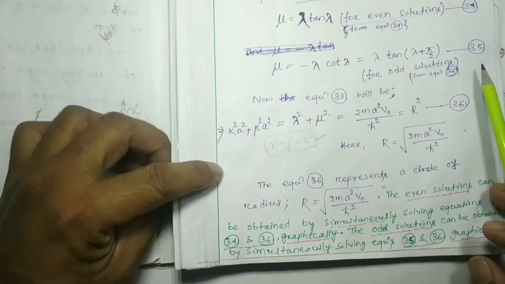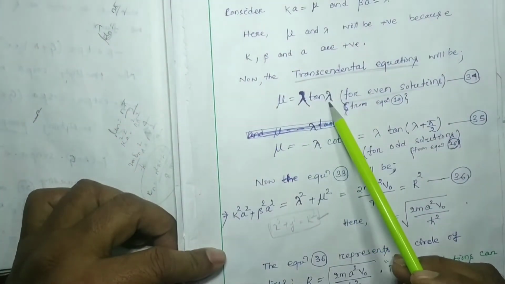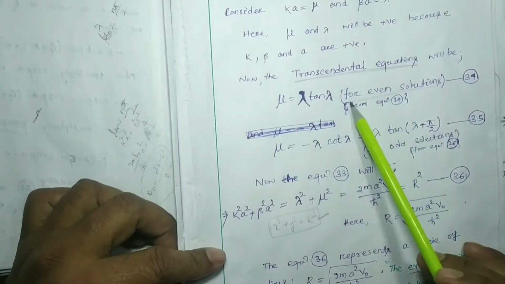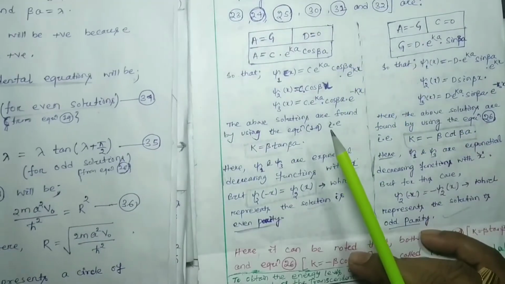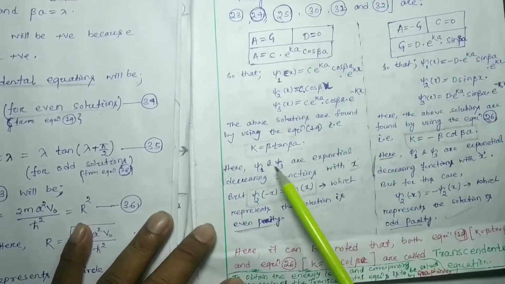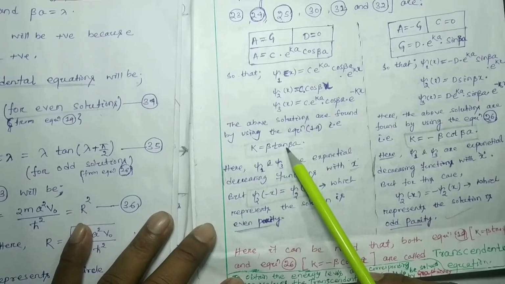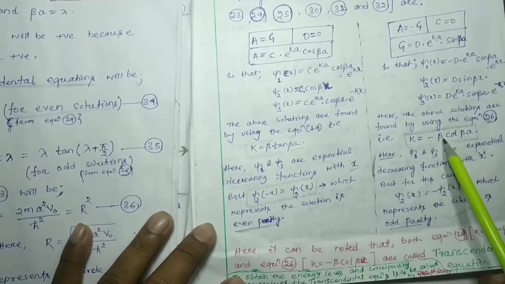See here, mu is equal to lambda tan lambda, which we found from equation number 19, that is for even solutions. You got it? So this k equal to beta tan beta is the transcendental equation for the even parity. This is for odd parity, right?